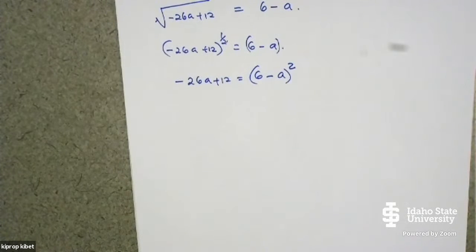Those are perfect squares. So this is the same as a, and this is the same as b. In this case, it is 6 squared minus 2 times 6 times a, plus a squared.